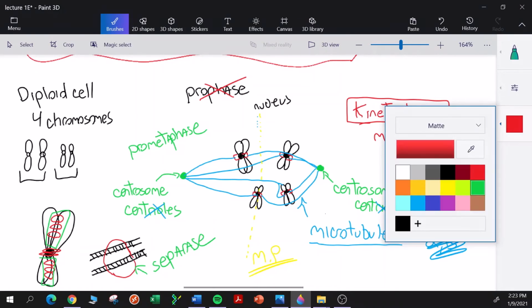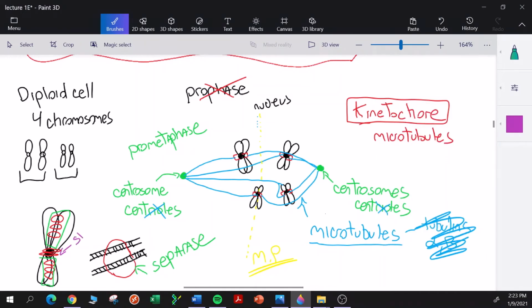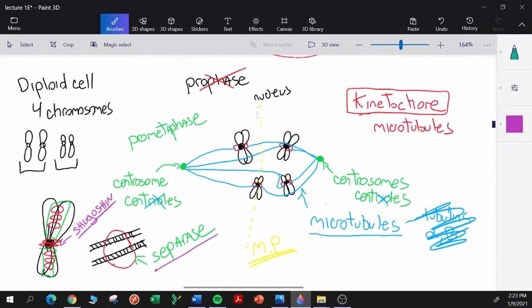Why? Something interesting happens. That cohesin is coated with another protein called shugoshin, which I believe is a Japanese term for guardian spirit. So during prometaphase, the cohesin at the centromere is not degraded by the enzyme separase. But everywhere else along the chromosome, the cohesin is degraded between the sister chromatids.